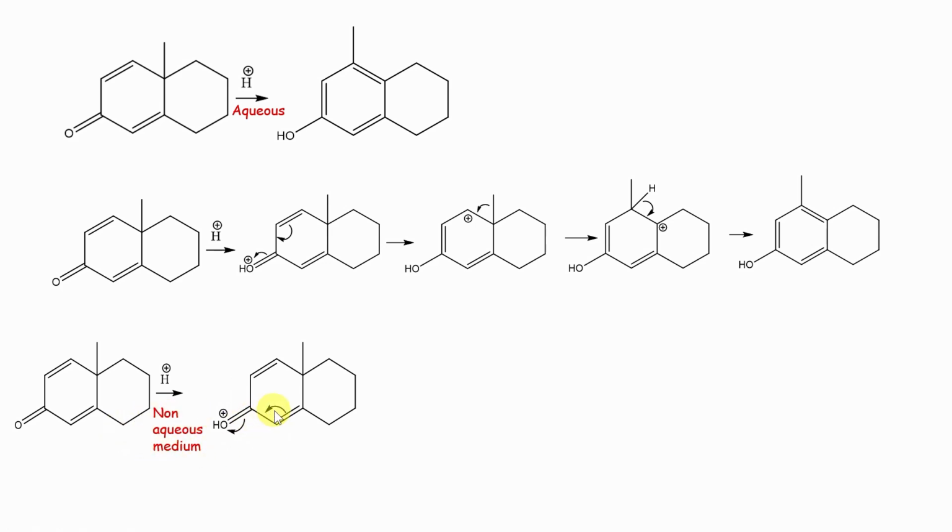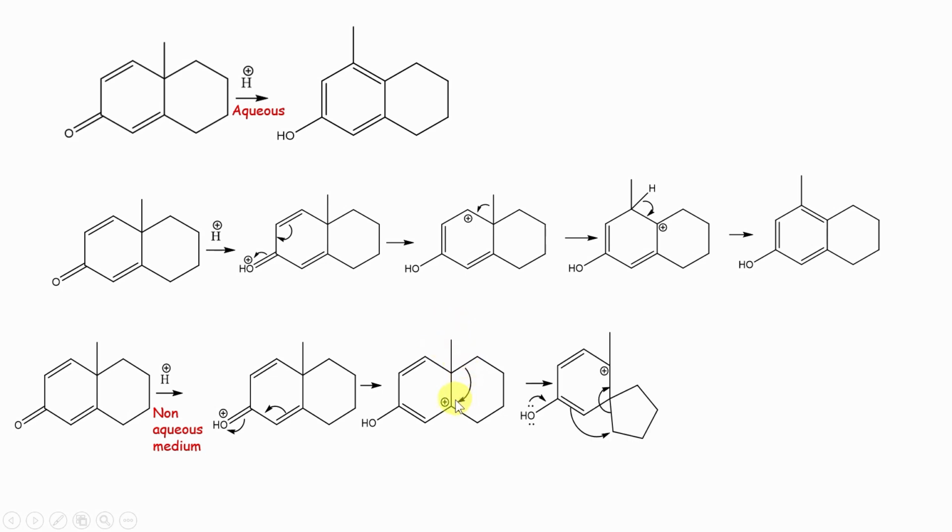Here the pi electron shift takes place like this, thereby first forming this carbocation. It is already a tertiary carbocation. Then this alkyl shift, not this methyl shift, takes place to form a spiro derivative. It is a spiro derivative carbocation having a structure like this.